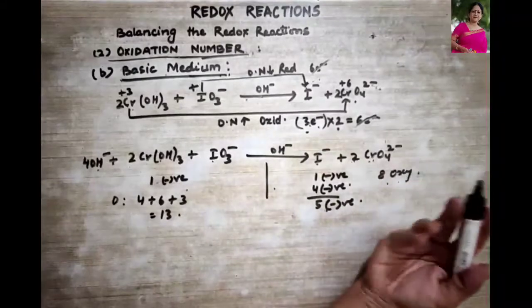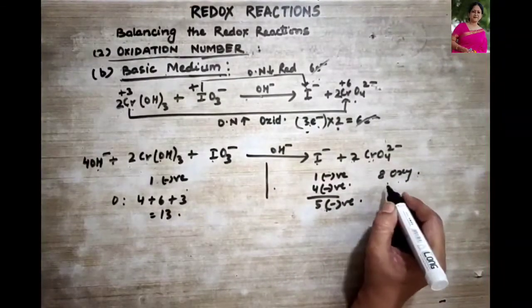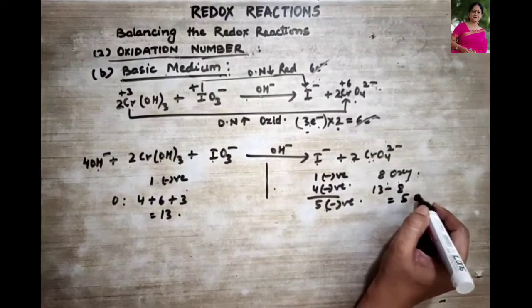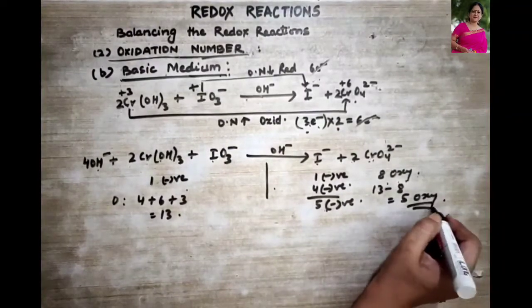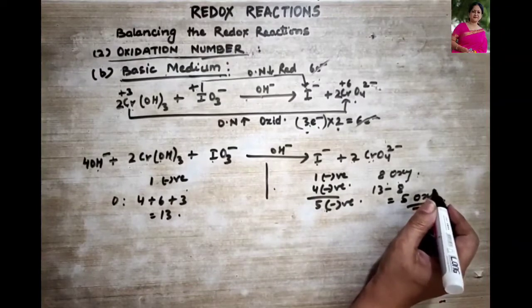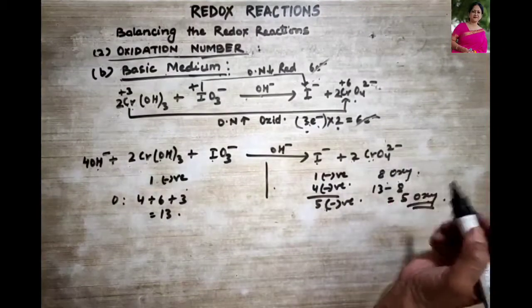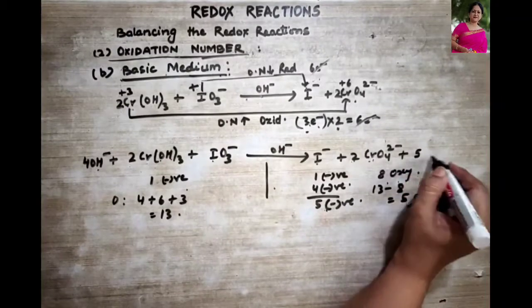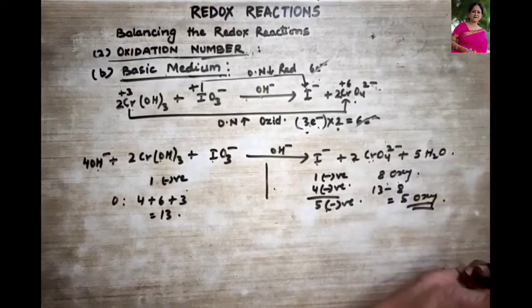On the product side. How many? That is 13 minus 8, which is 5 oxygen atoms. So to add oxygen atoms, what do we do? We add that number of water molecules. So we add 5 water molecules over here.